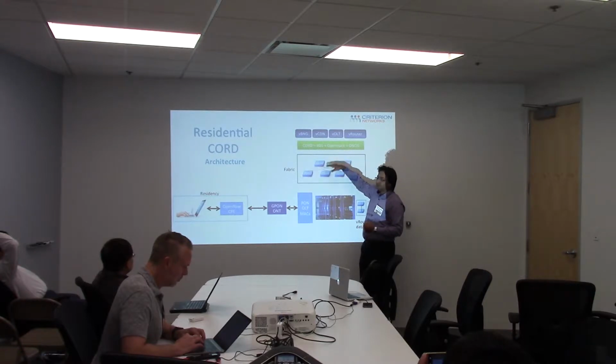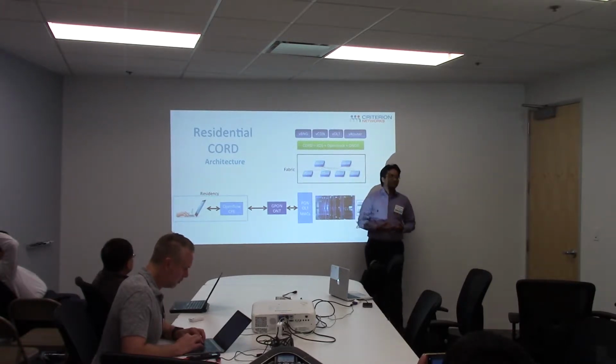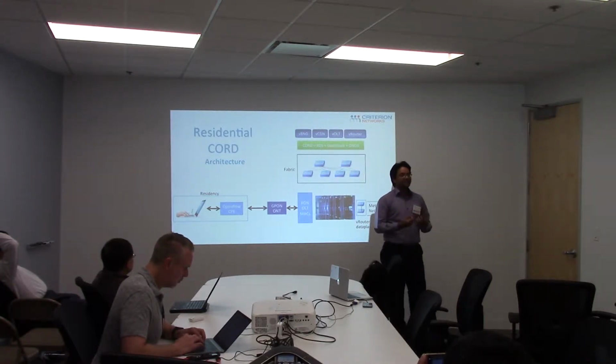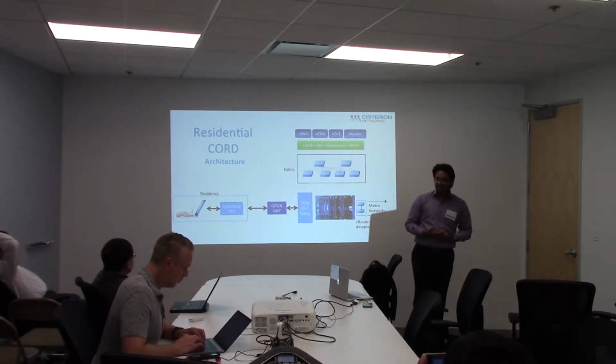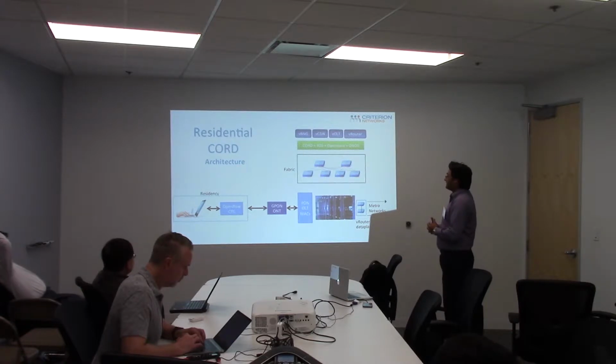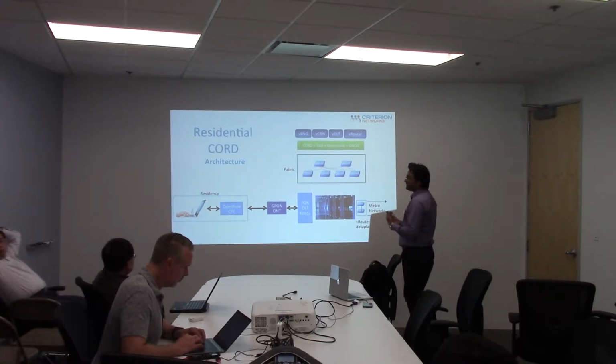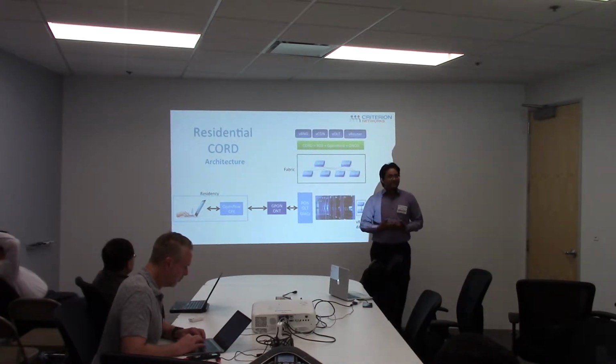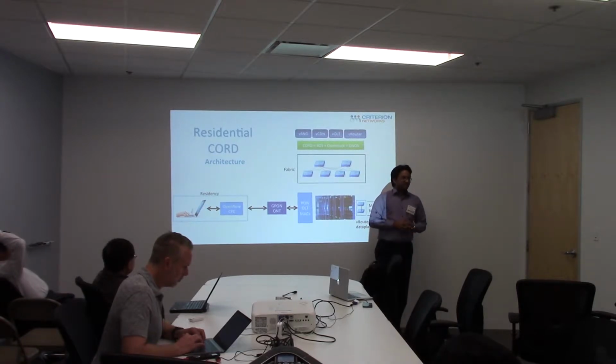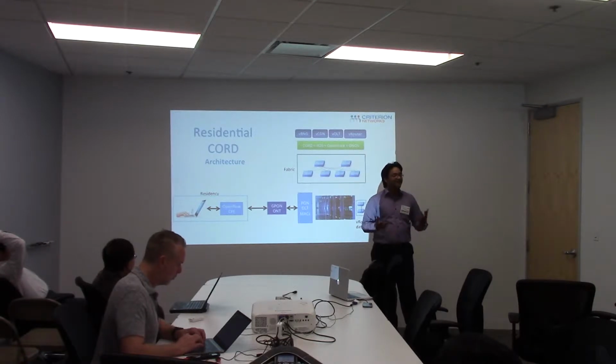So this is one of the major use cases we try to solve, and to understand the OR-CORD property, why did we come up with a different architecture? In the CORD in a box architecture, one of the biggest hindrances we felt, and which you will also feel, is the size of the hardware required.